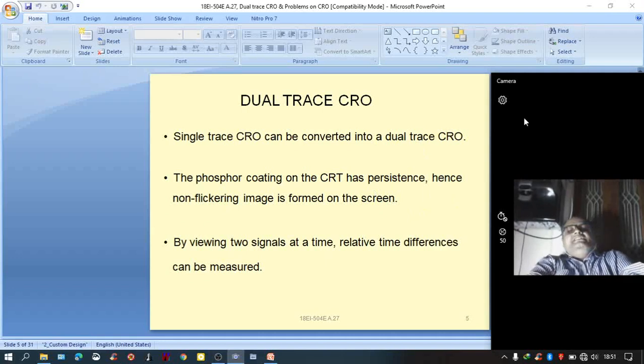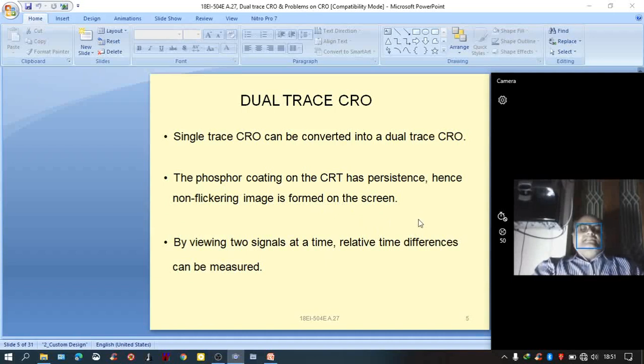And in the next cycle, even if we do not apply the sweep signal to the first input, because of the persistence of the CRT screen, it continues to appear. At the same time, during the second cycle, the second input signal is provided with the sweep signal. So the second signal will be swept across the CRT screen and the shape of the second signal now starts appearing on the screen.